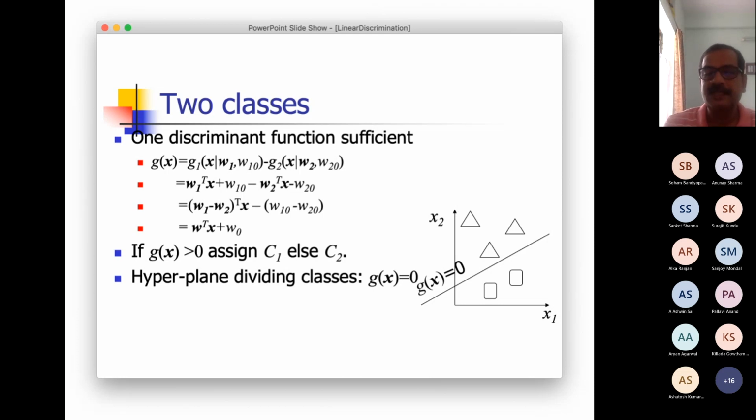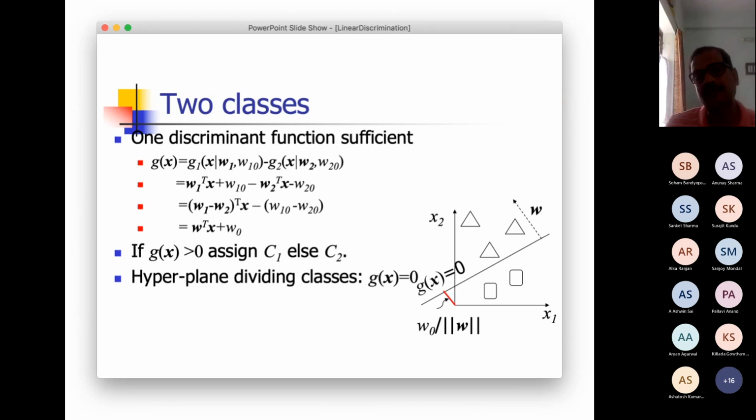Given any feature vector which lies on the straight line, that would be 0, but in one half it would be positive, in the other half it would be negative. That sign depends upon the dot product of W and X, and of course there is a W naught.